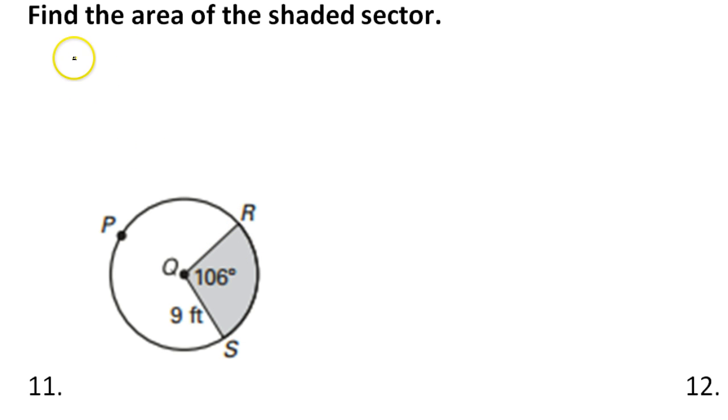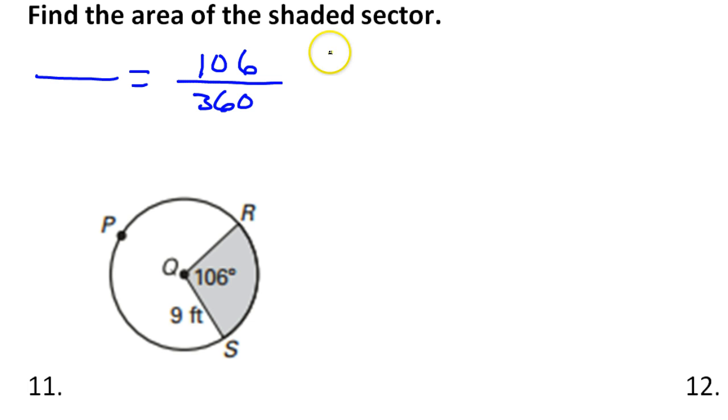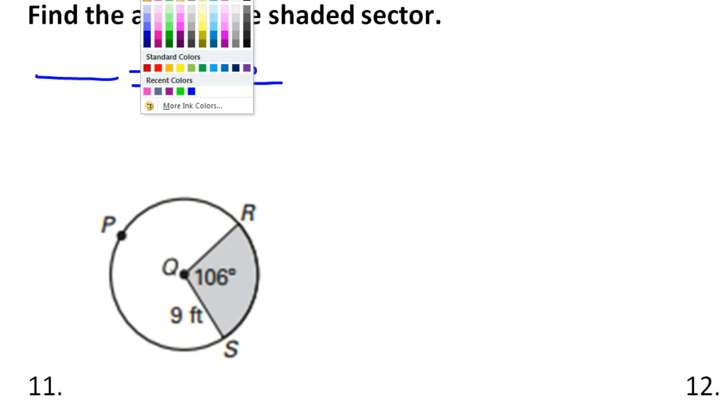Okay, shaded sector. So, part over whole equals part over whole, as usual when we're dealing with a portion of the circle like this. So we've got 106 degrees over 360 degrees. Now we're talking about area, so the whole is the whole area.